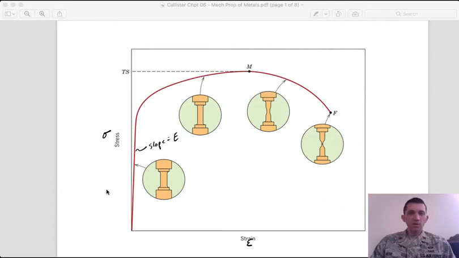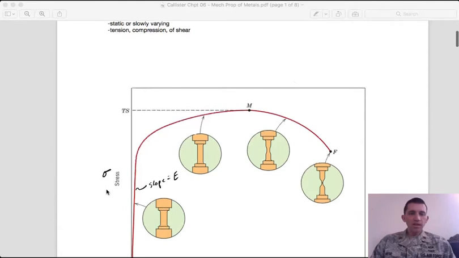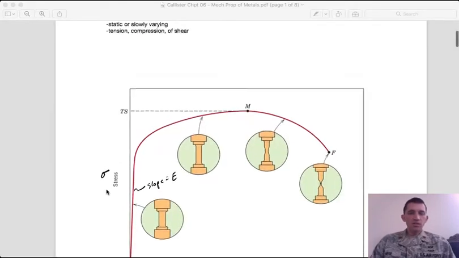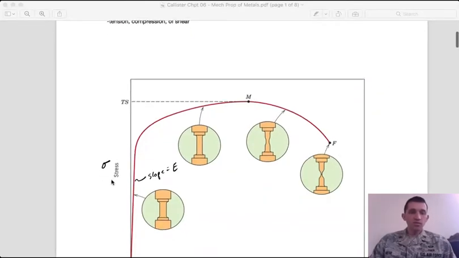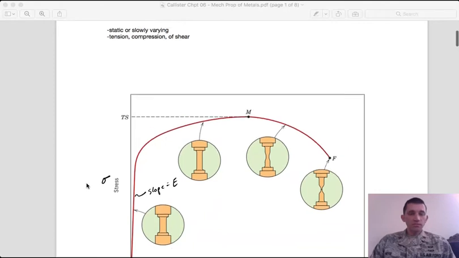So this is some elongation. And in this test, the forces applied are static, meaning they're not changing, or they're very slowly varying. So we're increasing the force applied, increasing the stress of the sample slowly.